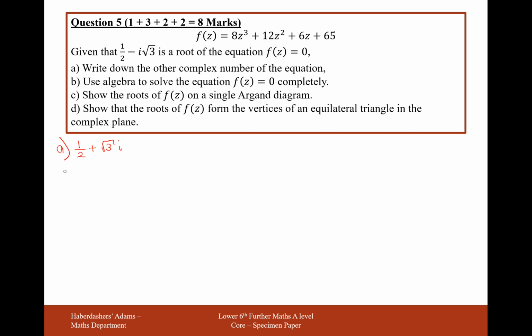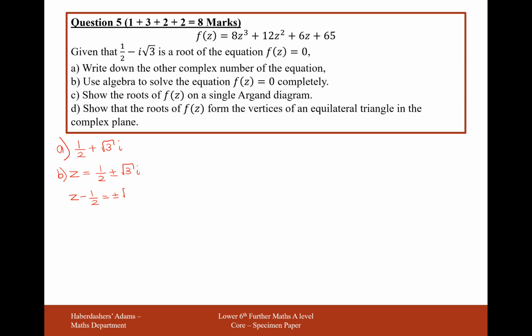Using algebra, solve f of z equals 0 completely. Okay, so what I'm going to do here is that nice method where we undo the completing the square. So I know that z is either equal to half plus or minus root 3i. So what I need to do now to undo completing the square, I need to take away a half on the other side.